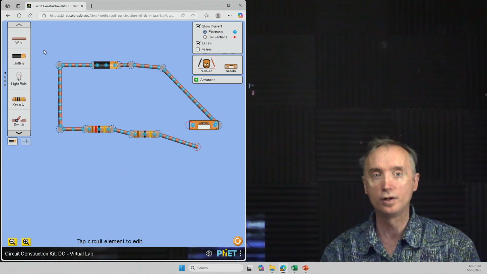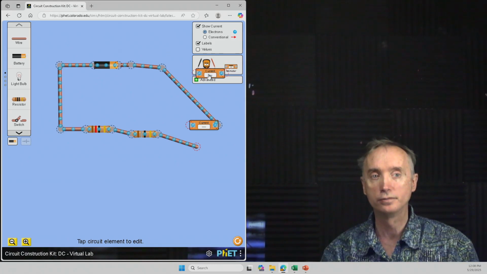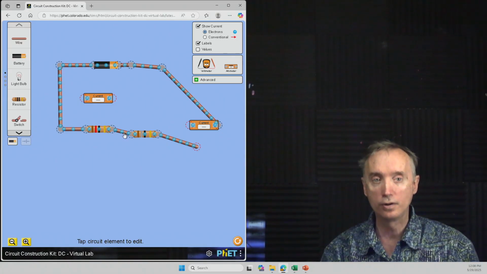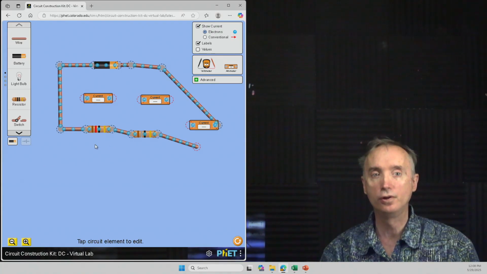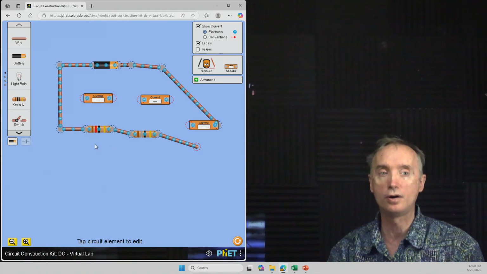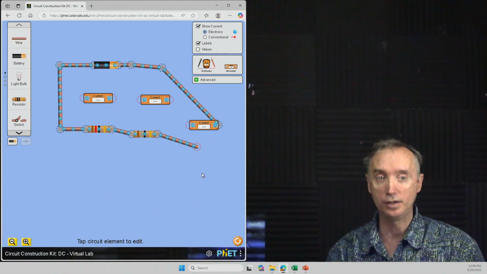But I also want you to get out another one. So if we get out another ammeter, I'd like you to open the circuit over here and stick it in there, or open it here, and you can get out as many of these as you want. You could put another one right here, and I want you to look at the readings on the various ammeters.